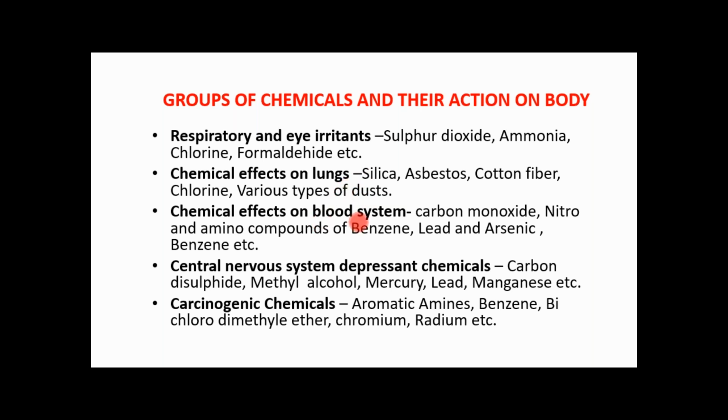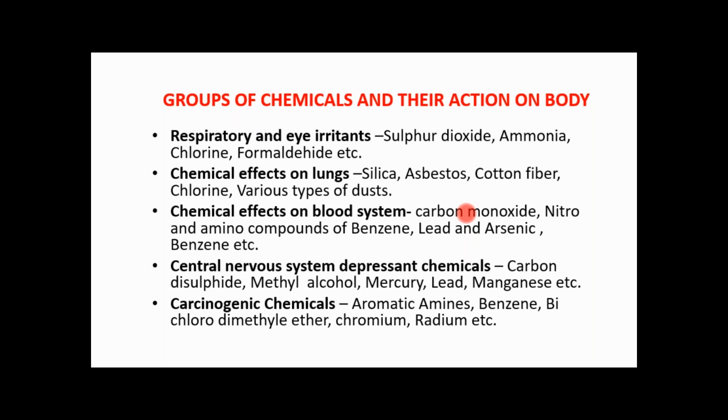Then chemical effects on blood systems. Carbon monoxide is one of the chemicals which can directly react with your blood, and can create carboxyhemoglobin instead of oxyhemoglobin. And due to this carboxyhemoglobin, the judgment of a person can be temporarily hampered.